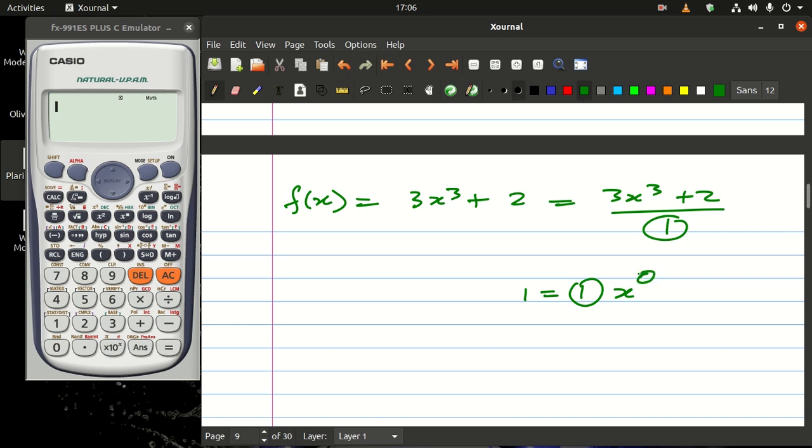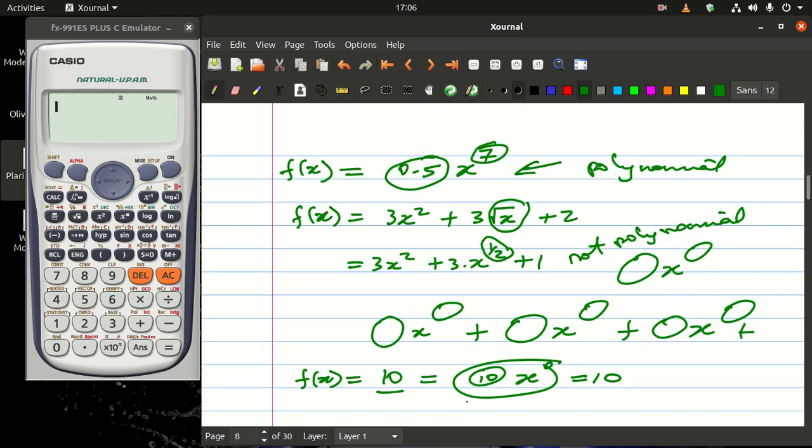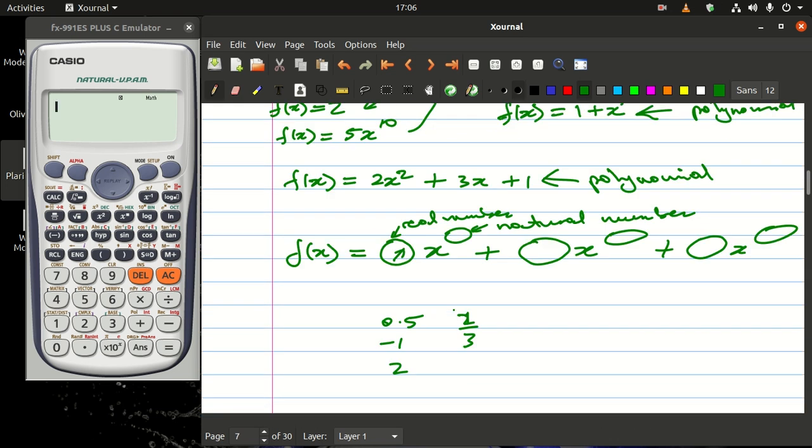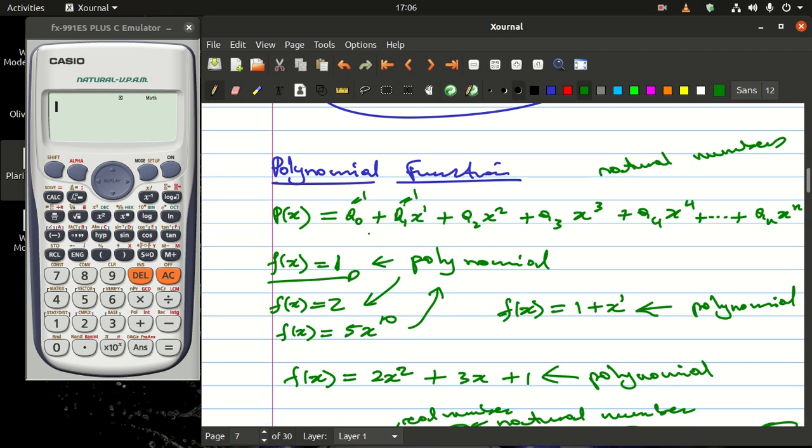Remember that when I said I wanted this to be a natural number, I was excluding this, because this is a constant multiplied by x to the power 0.